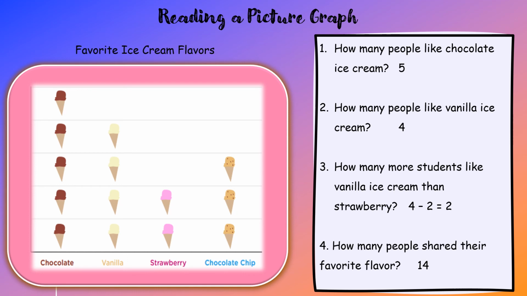So remember, that question means we needed to count how many people voted or shared their flavor all together. So let's count all the cones together. 1, 2, 3, 4, 5, 6, 7, 8, 9, 10, 11, 12, 13, 14.